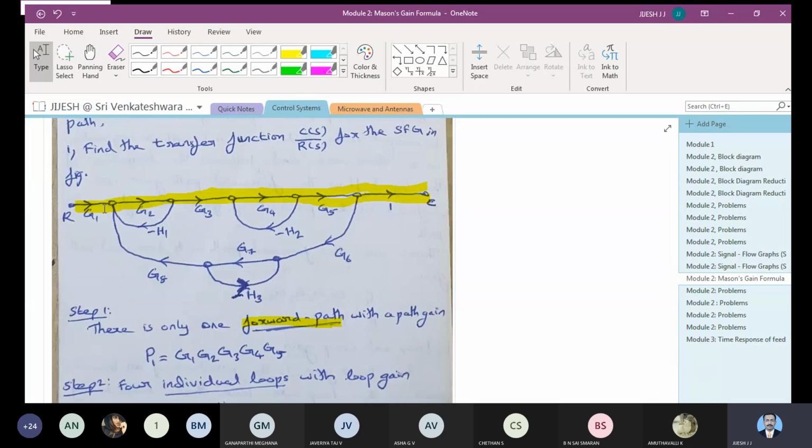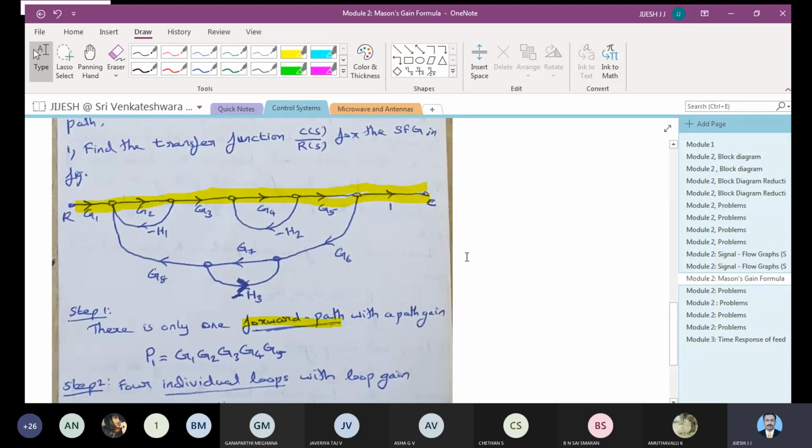How many forward paths are possible in that problem is what we should see. In this problem, as you understood in the previous class, there is only one forward path. So we have written that P1 is equal to G1, G2, G3, G4 and G5.